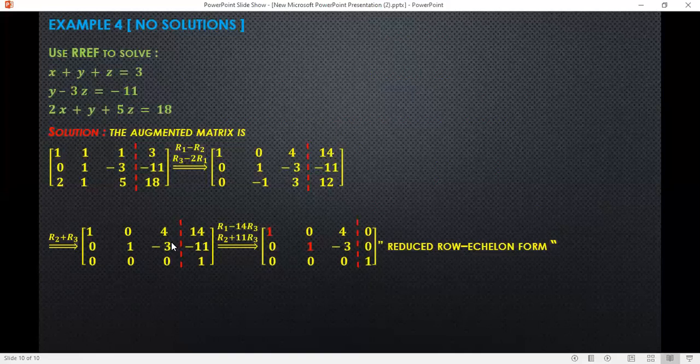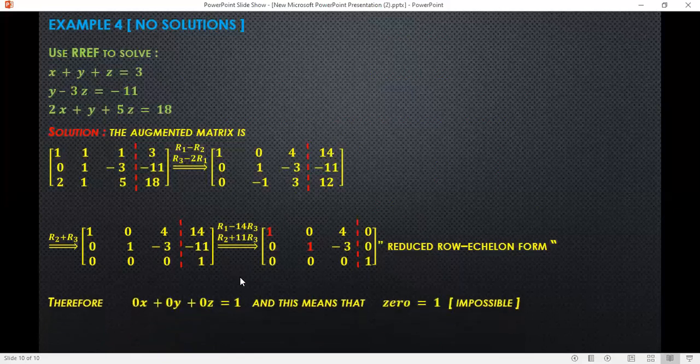Okay. After that, I'm going to move into my computations, and I'm going to subtract the first row minus 14 times the third row, and the second row plus 11 times the third one, to get the reduced row echelon form as you see here.